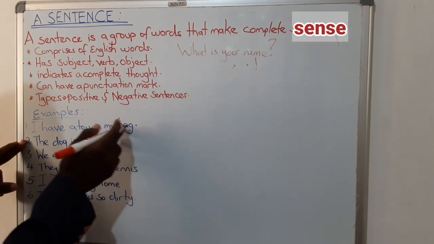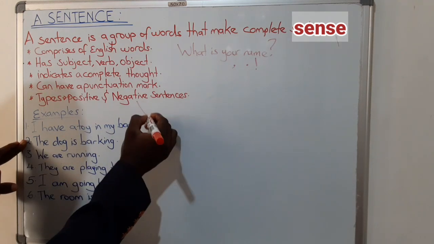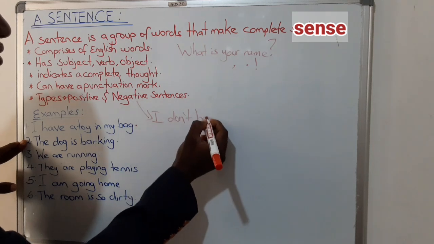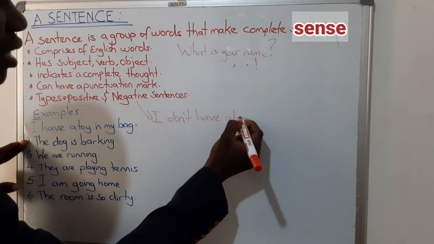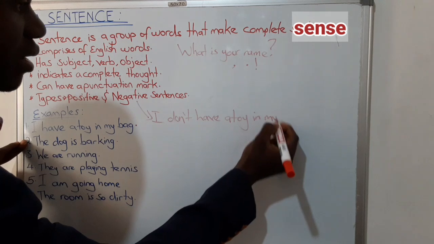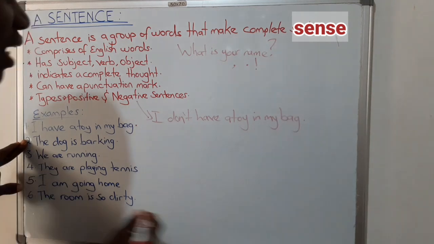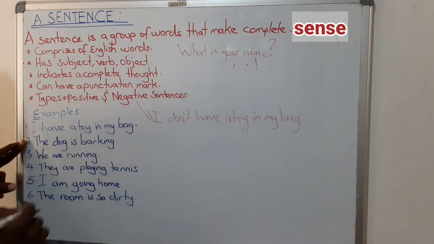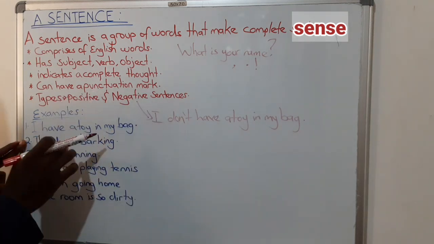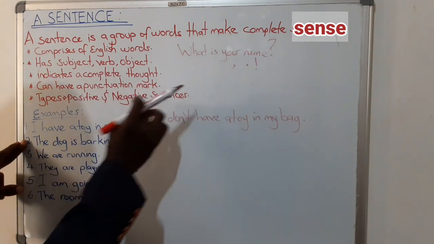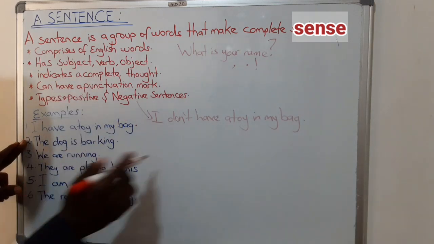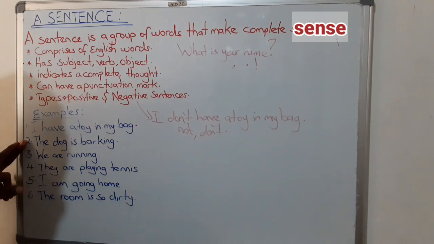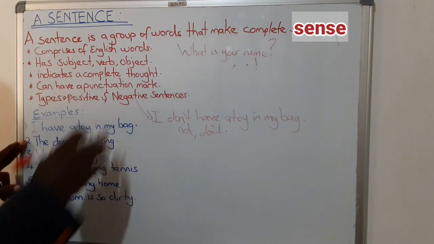Whereas if I make this sentence into a negative sentence, it will be, I don't have a toy in my bag. It's a negative sentence. So positive sentences agree, whereas negative sentences disagree. And negative sentences have a not or don't in them.